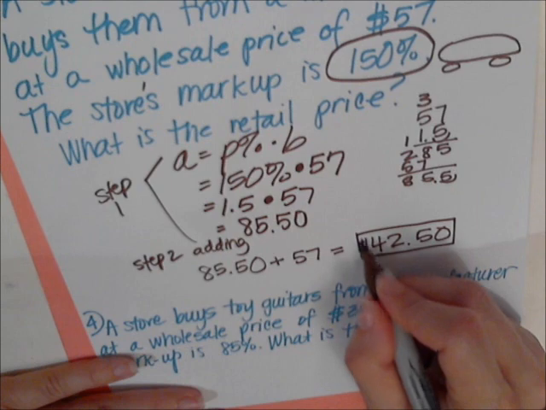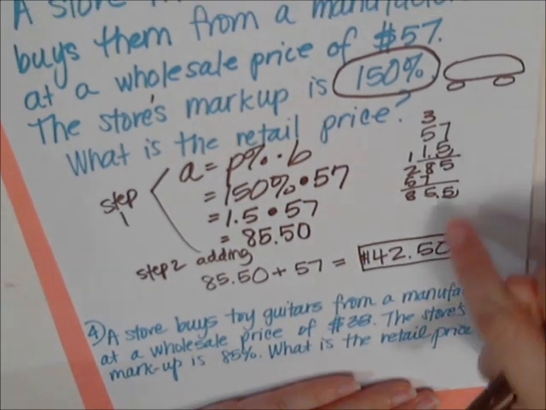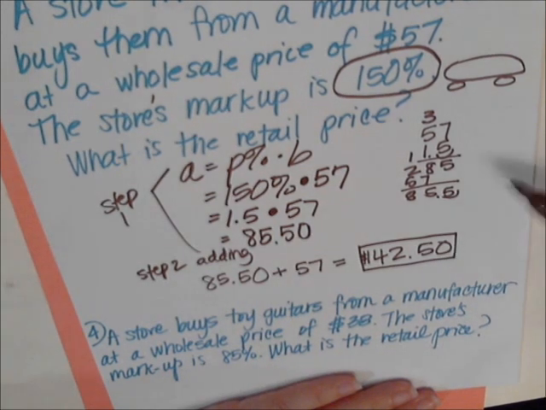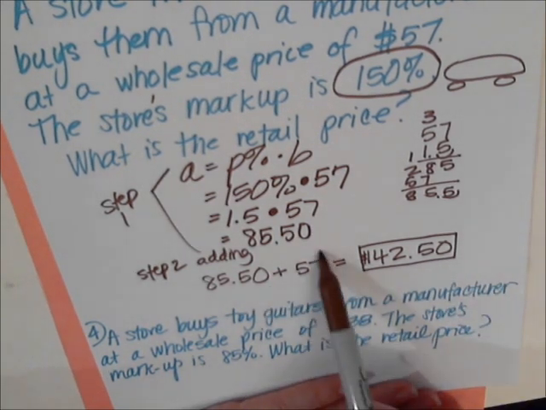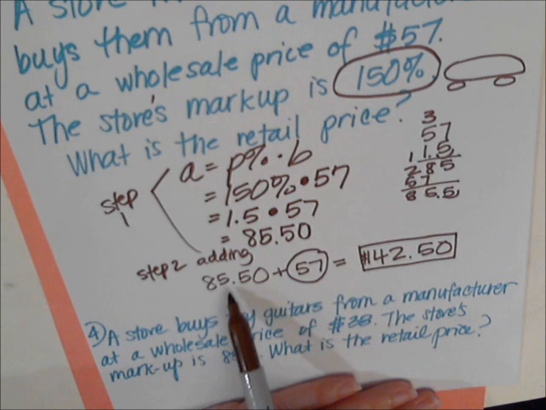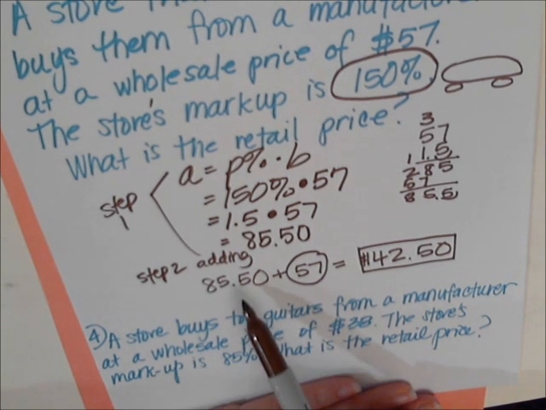I should add a dollar sign there. This skateboard at the store is going to be sold for $142.50. That includes the $57 that the store paid to get the skateboards, as well as the markup that they added to make a profit off the skateboard.